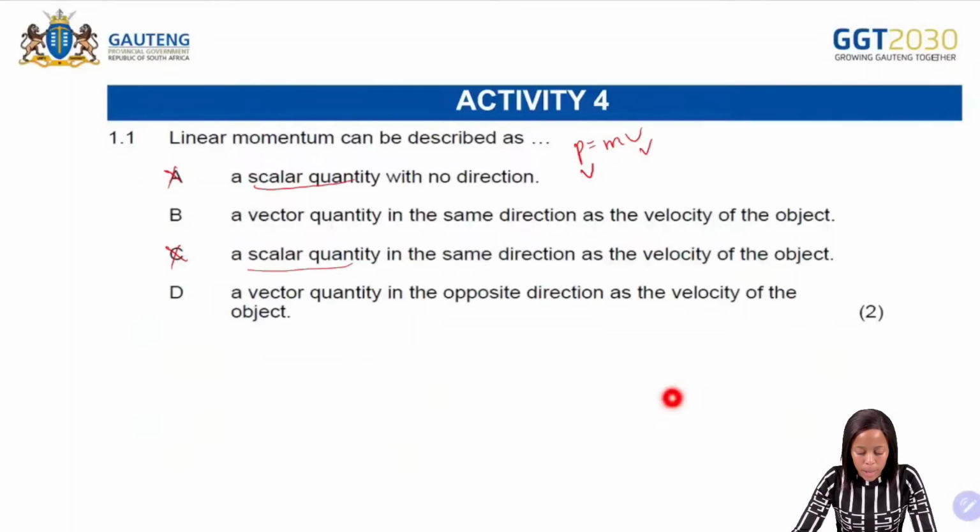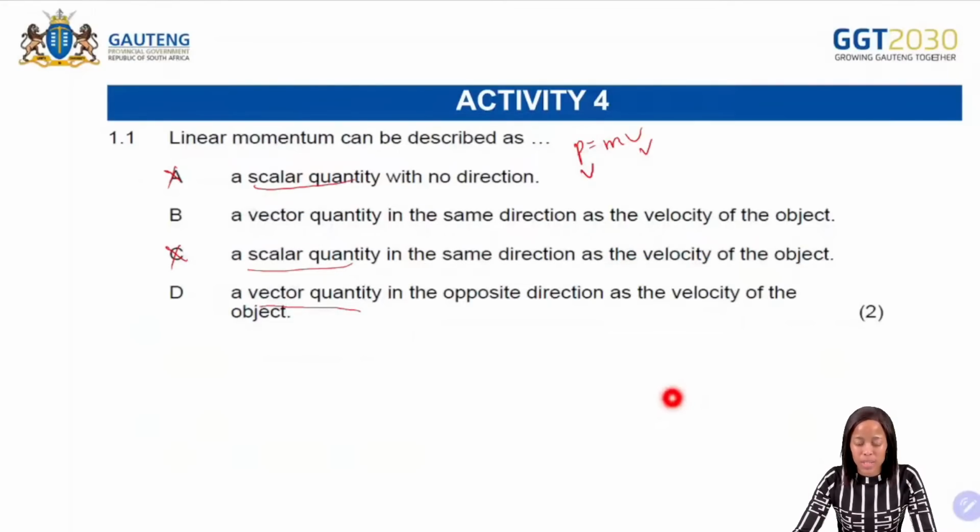Option D says a vector quantity in the opposite direction as the velocity of the object. It says it is a vector quantity, and that is correct. Momentum is a vector quantity.